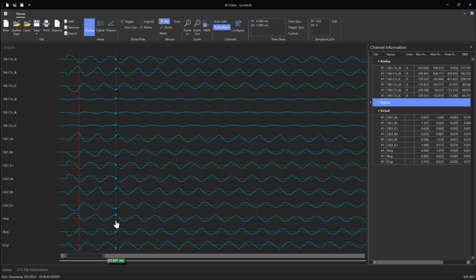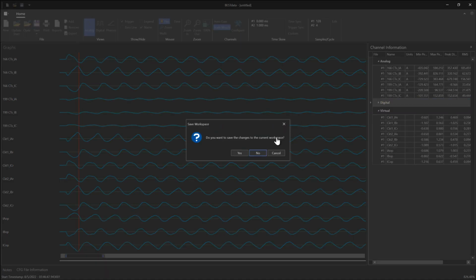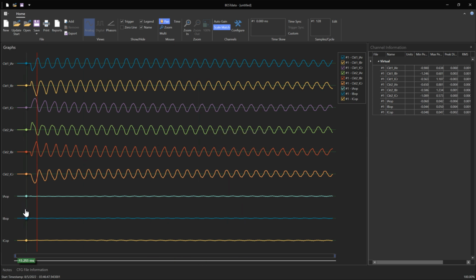What actually happened in this particular example is there was a CT wiring mismatch. So what we're able to do with BESTdata is reverse engineer. Let's say hypothetically if I change this wire, flip the polarities, I can magically go ahead and do a correct wiring and do that math and manipulation within the software, and I see my operate currents flatten out fully.